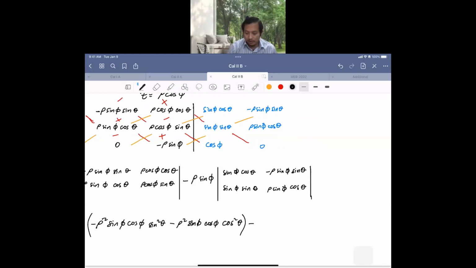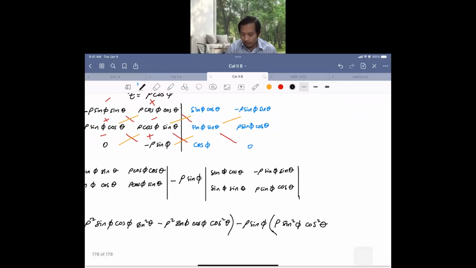And this part, negative ρ sine psi, this will be ρ sine squared psi cos squared theta, and plus ρ sine squared psi sine squared theta.